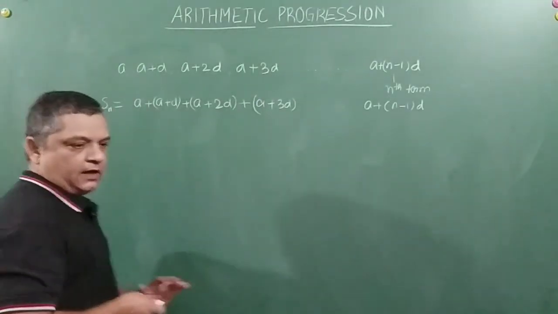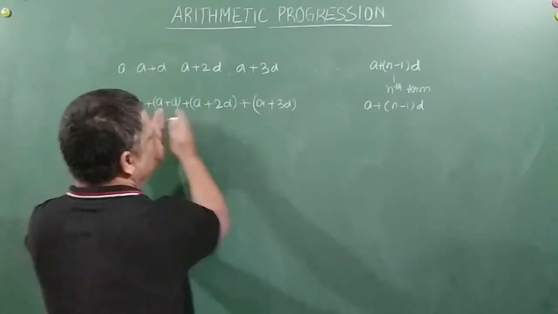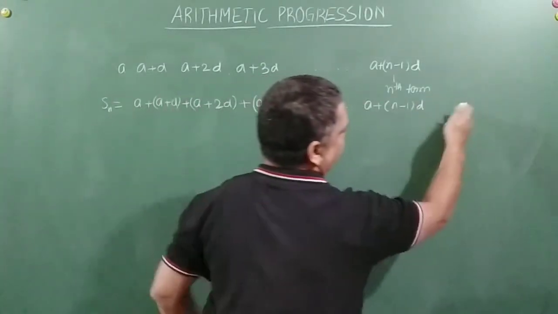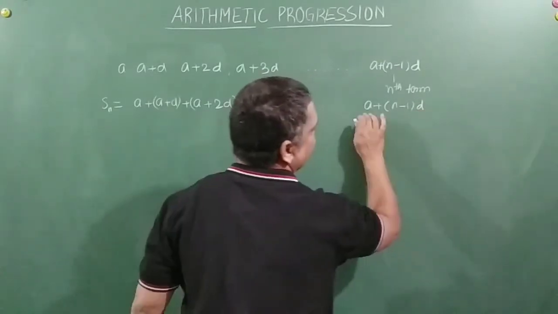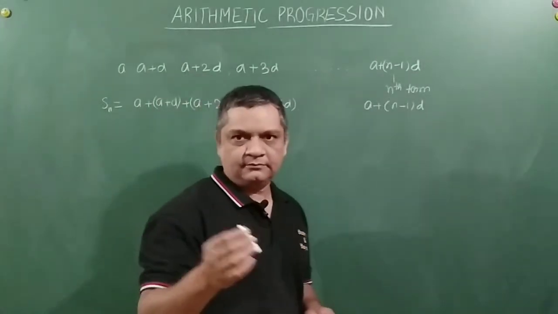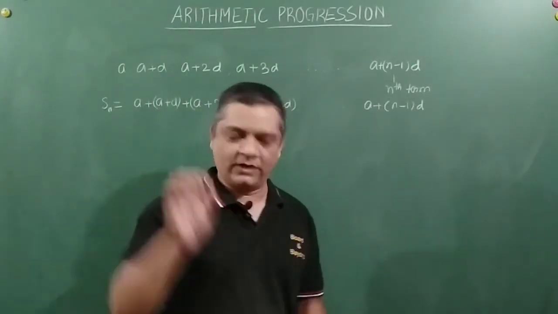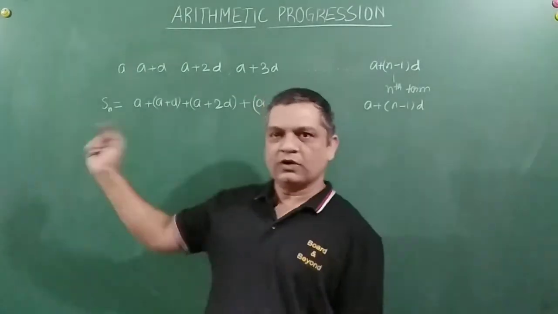Now friends, see, in total how many terms are these? n terms, right? 1, 2, 3, 4, 5, 6, and so on and so forth. This is totally n terms, and the nth term is this. So it has got n terms.